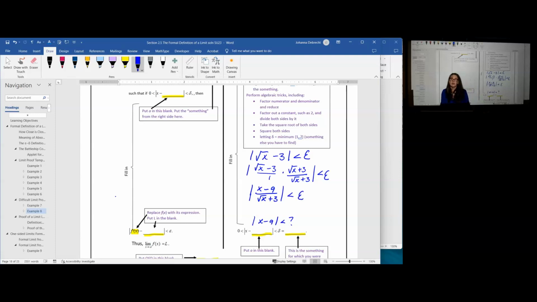So what am I going to do? I could try doing that minimum trick that I did before. But if we think about this, we may be able to work it out a little bit simpler. What is this going to be less than? What will make this fraction as large as it possibly can be?